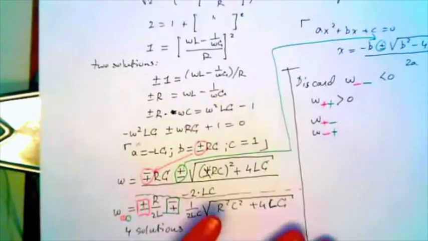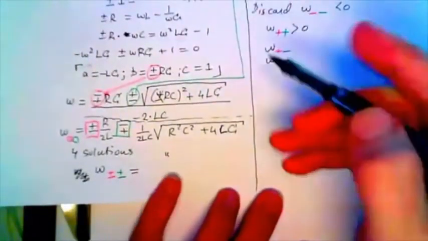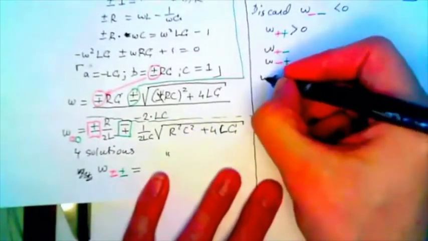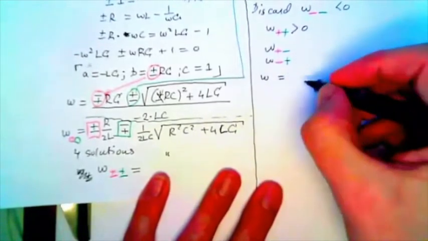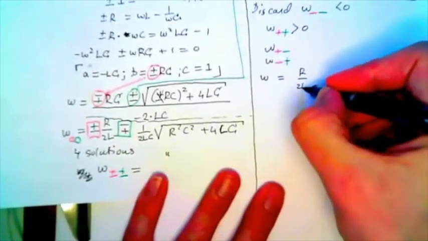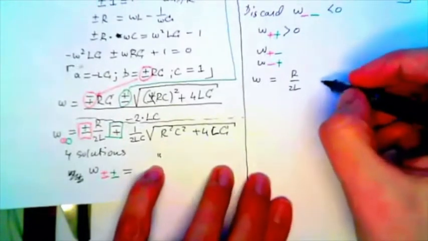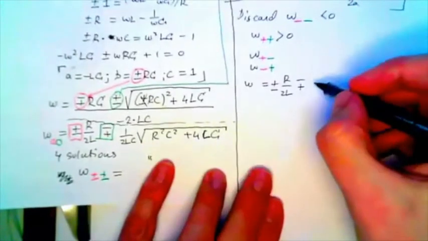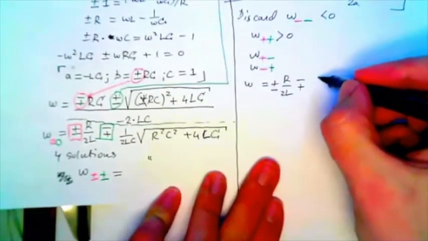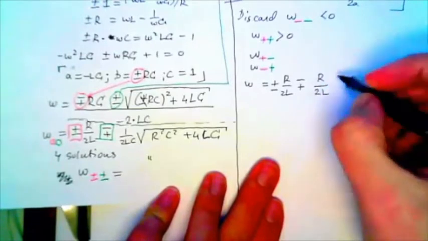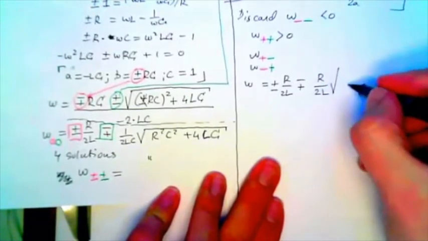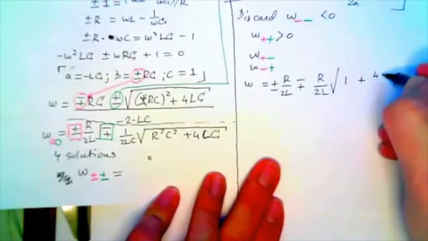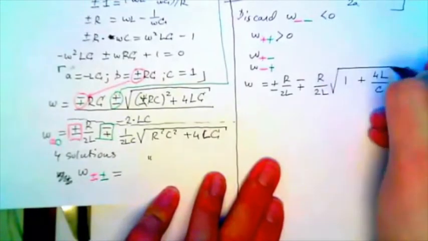So let me do that. So I'll rewrite it a little bit. We'll take omega plus minus is plus minus. Okay, we still got our r over 2l. And then our minus plus. And I said I was going to factor out our r. And I still have my 2l, but I was going to bring the c in. So that means I get 1 plus 4l over c.